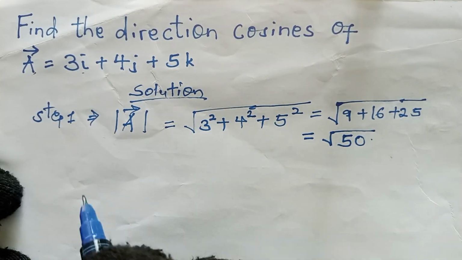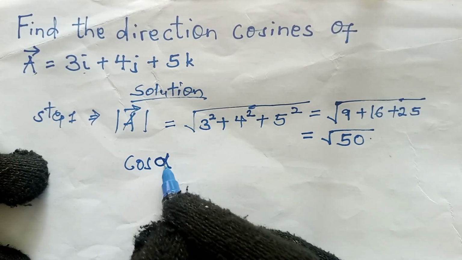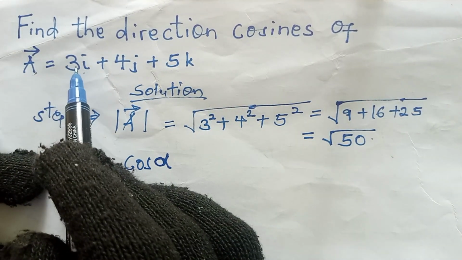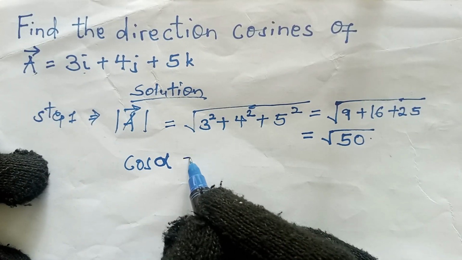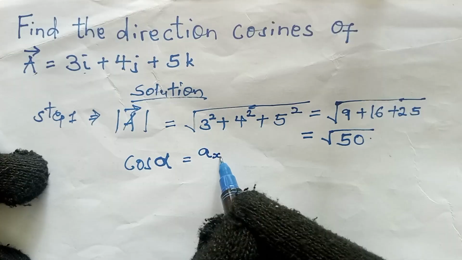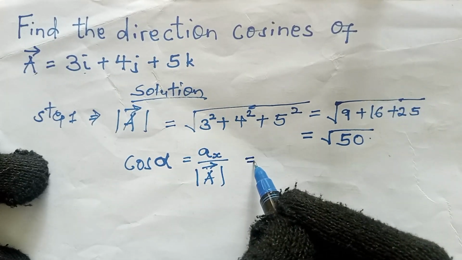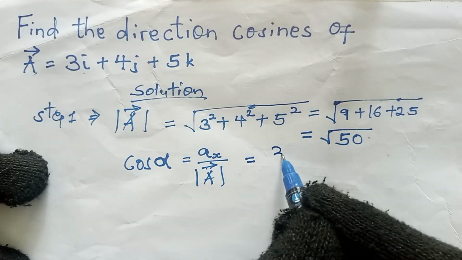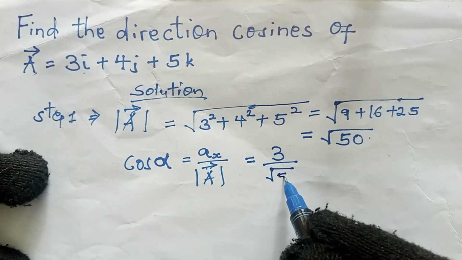So cos alpha will be ax over the magnitude of vector A, which is equal to 3 over the magnitude of A, which is root 50.